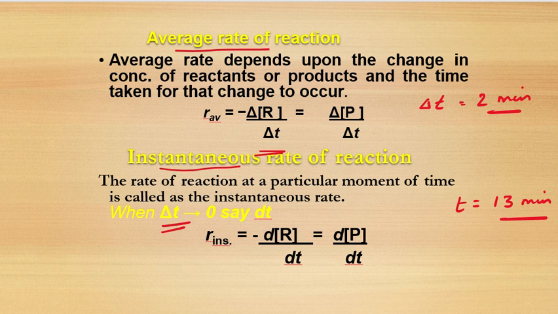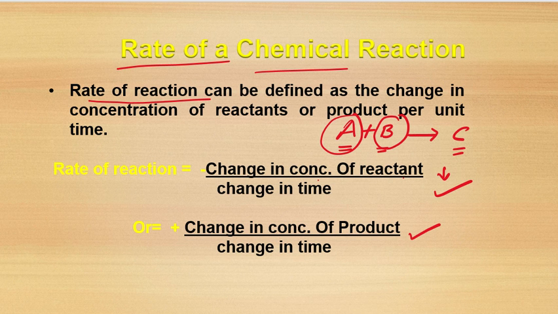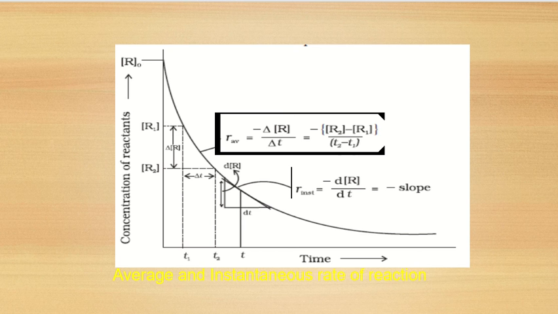So let us study once more the average rate and instantaneous rate using a graphical representation. Here you can see the curve of concentration of reactants versus time. Here reactant is mentioned as 0, which means the initial concentration of the reactants. Later it has become R1 and R2 with respect to time. As the time is going on, the reactant concentration keeps reducing.